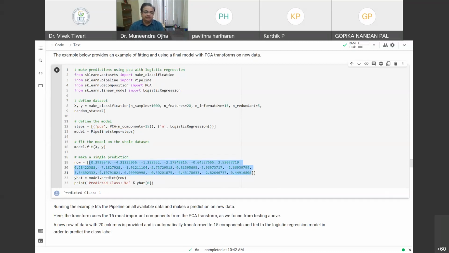The core concept to mention here is that the test data also goes through the PCA step. The data gets projected onto the principal component axes, and the principal component values are obtained. Out of 20 principal component values, only 15 are taken, and with those 15 the logistic regression classification is performed, and that results in a class, whichever class that might be.